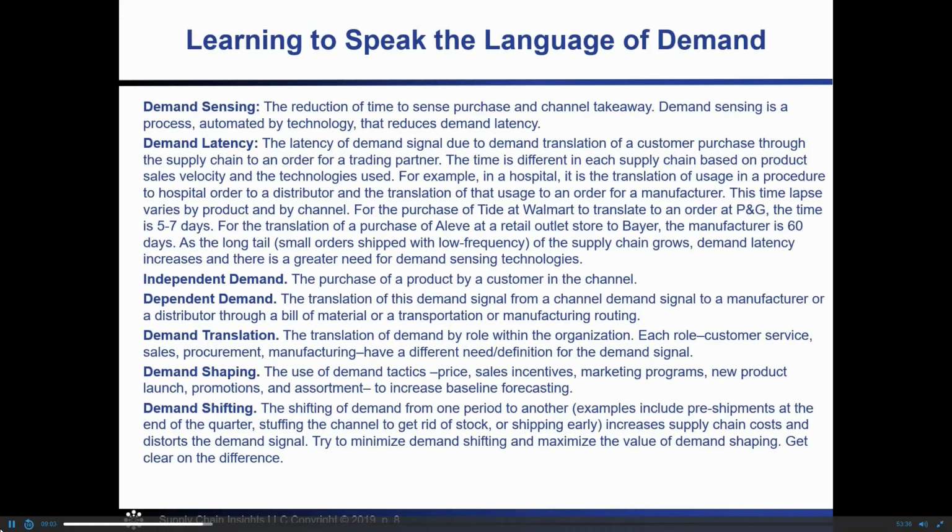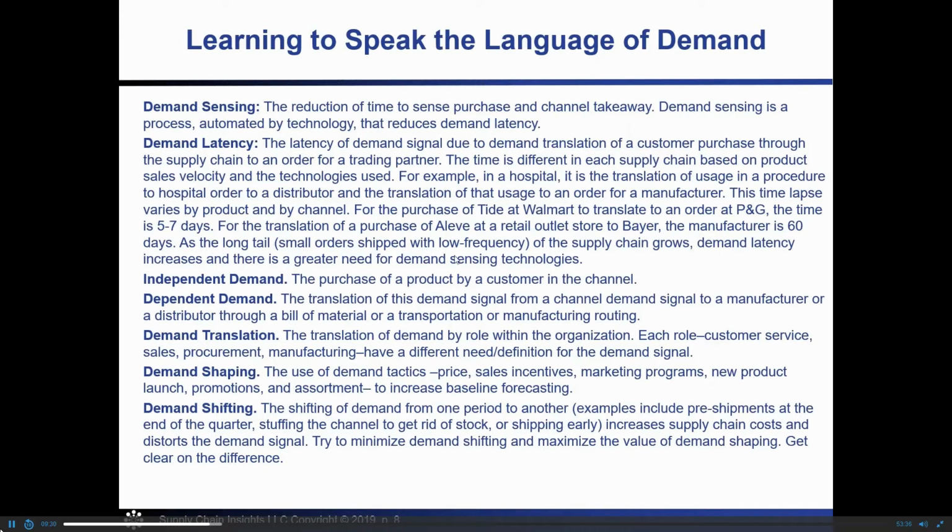So for example, potato chips or chocolate or wine are elastic in my pantry. If people promote those items, I tend to do more shelf loading, and I will tend to consume more of those items. So demand shaping, where I have elastic demand, is much more effective than demand shifting, where I'm just shifting from one category to another.